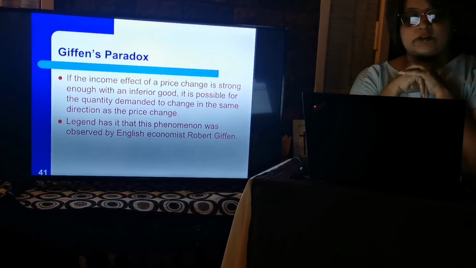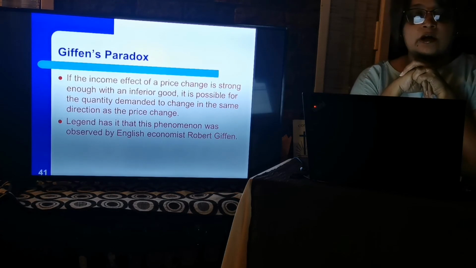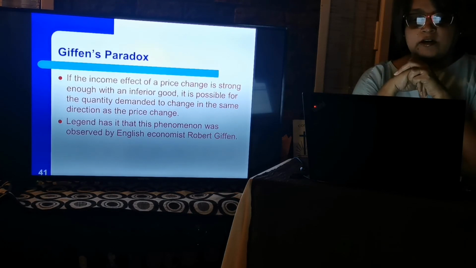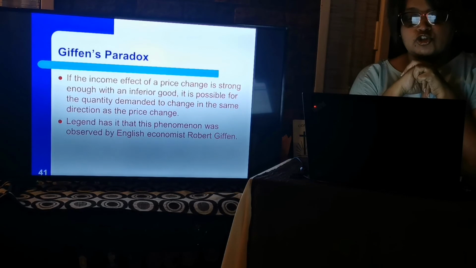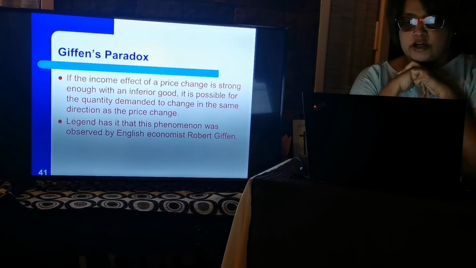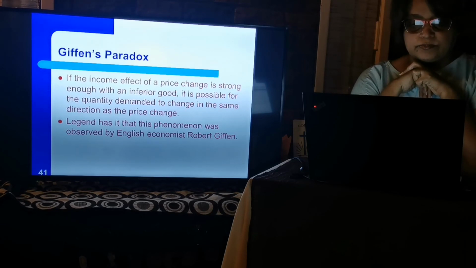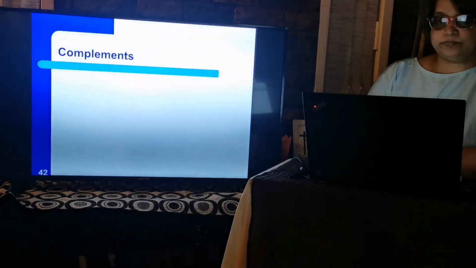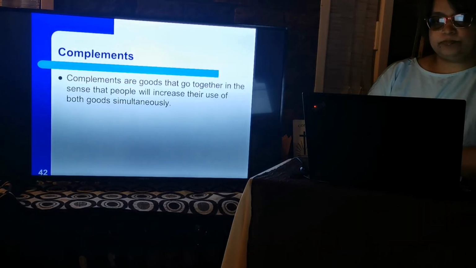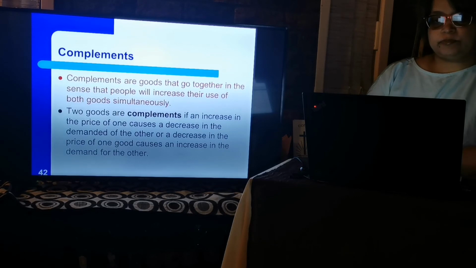That I will not concentrate on, but that was the paradox that I alluded to earlier on. The income effect of a price change is strong enough with inferior goods that it is possible for the quantity demanded to change in the same direction as the price change.